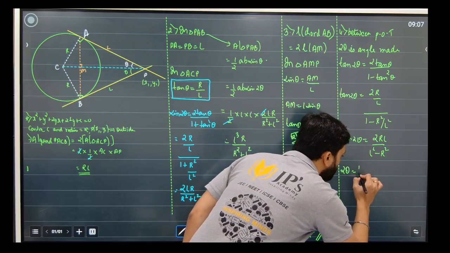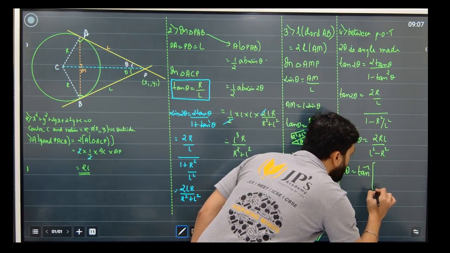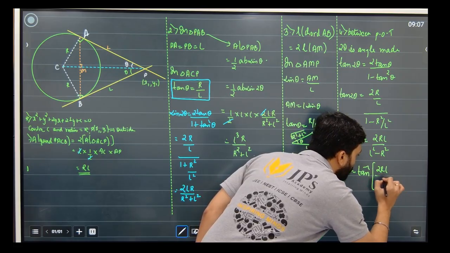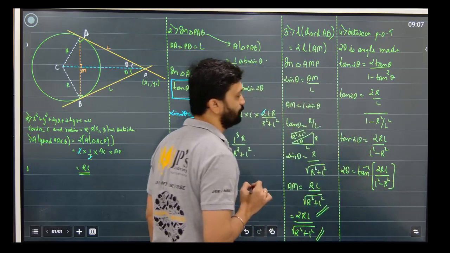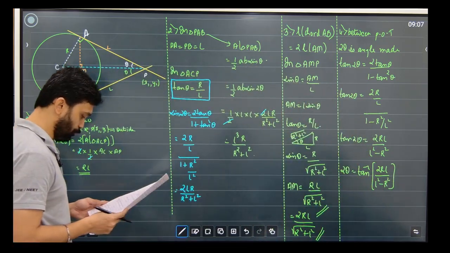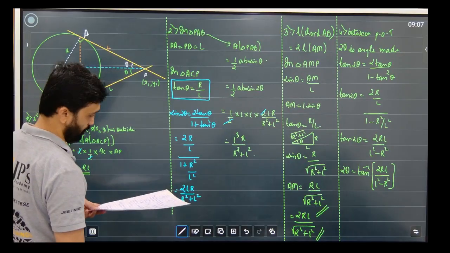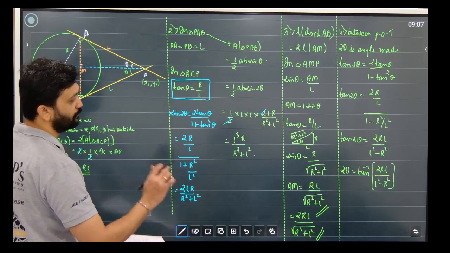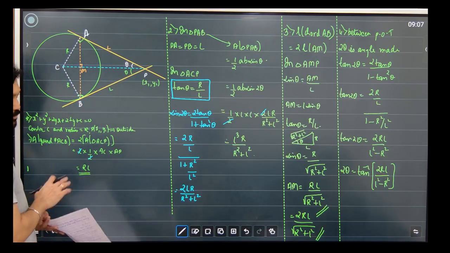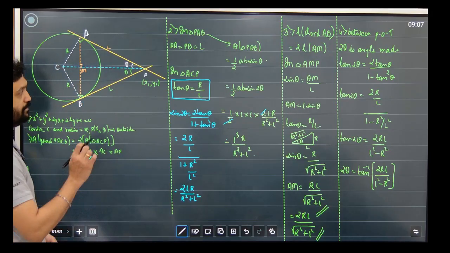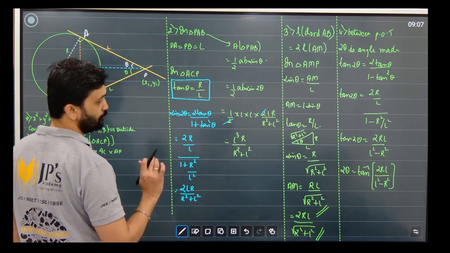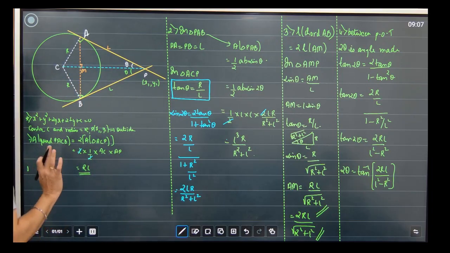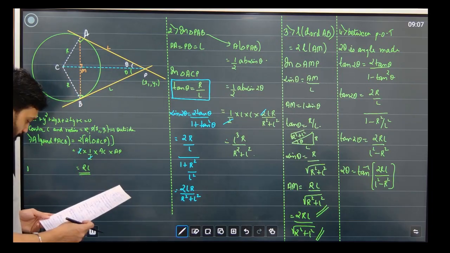Therefore 2 theta is equal to tan inverse of 2RL upon L square minus R square. Did you guys understand this? So this is the tan theta that is made, and the value of 2 theta is tan inverse of 2RL upon L square minus R square.